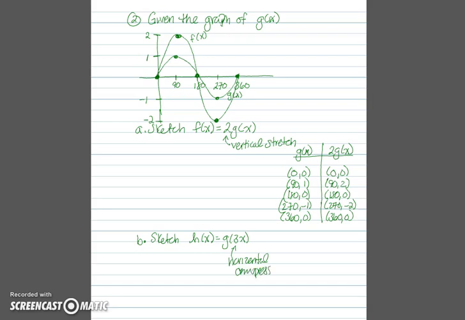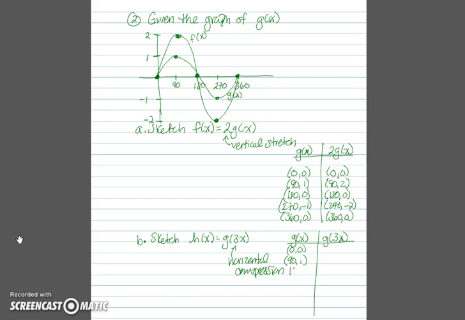Now, in order to actually perform this transformation, that means we're going to multiply the x values of g of x by 1/3. Remember, with the horizontal compression, you're taking the reciprocal and multiplying the x value. So we can do the same thing, create our table of values, list the ordered pairs for g of x, and then the ordered pairs for g of 3x.